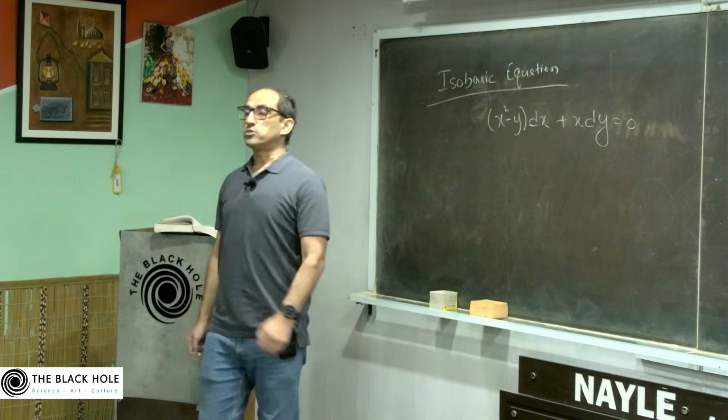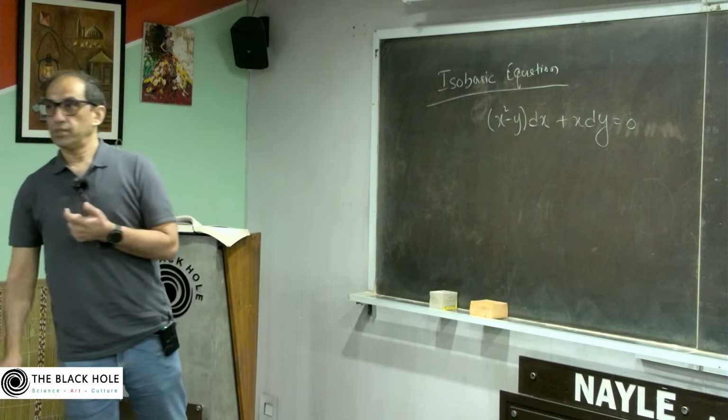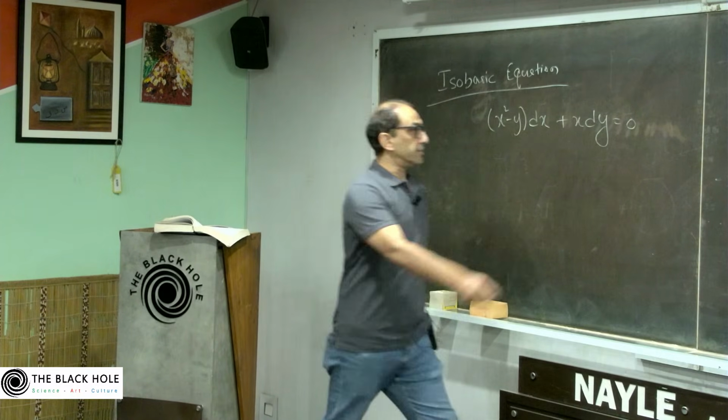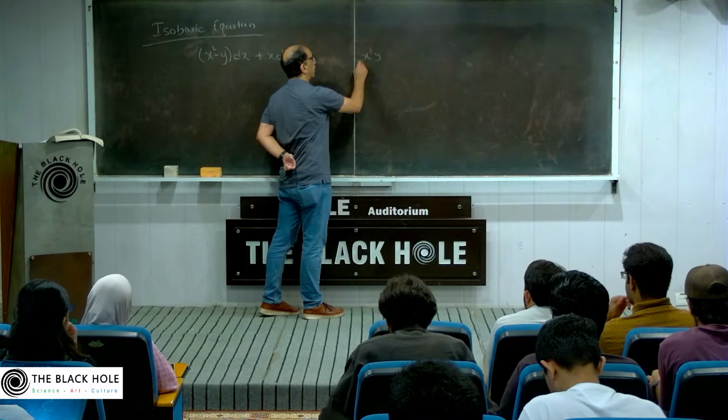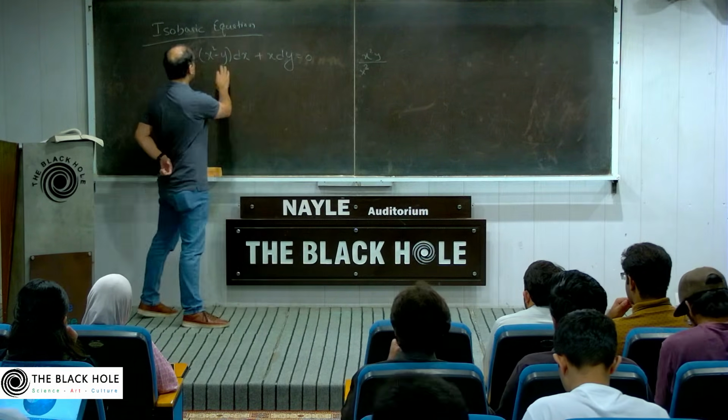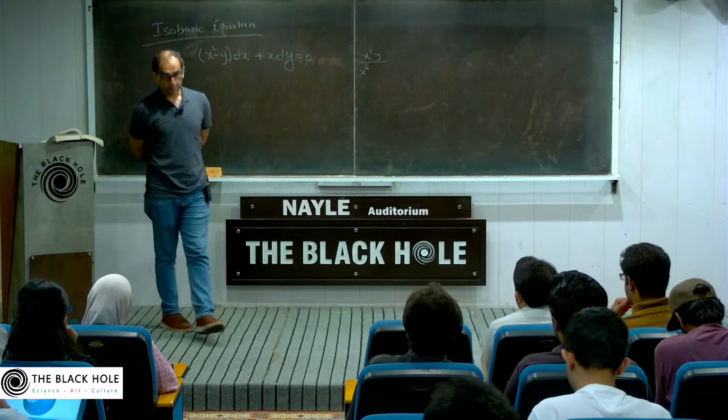So when we talked about y over x form, there you could see that the degree has to be the same. So let's say if there is some x square y over here, there has to be some x cube over here. And you can immediately see that this is not the case here, right?